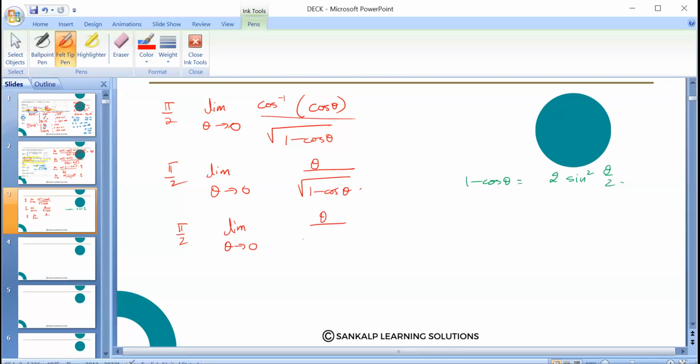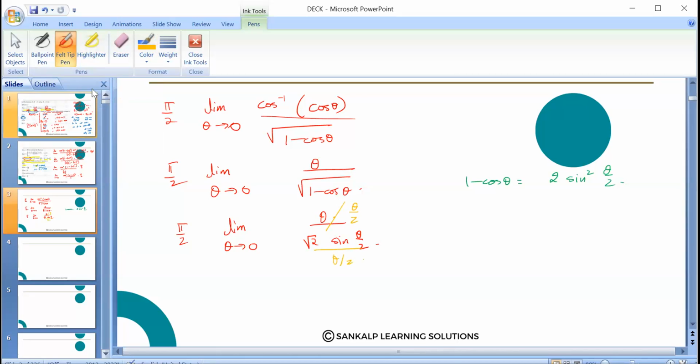So when you take the square root, root 2 sin theta by 2. Here, numerator, you can divide by theta by 2.